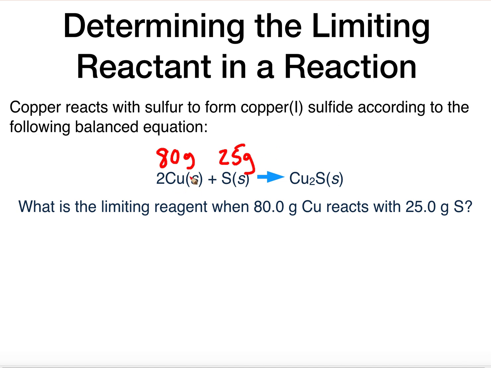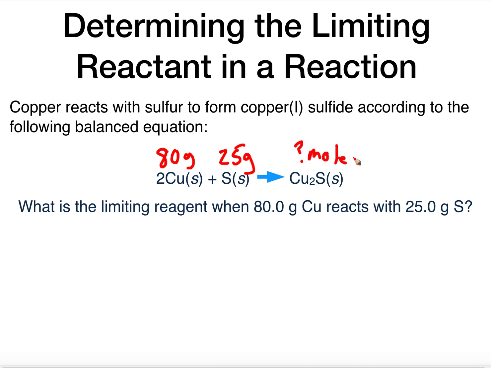So what we need to do is two separate stoichiometry problems. Since it doesn't tell us that it wants us to go to mass, how many grams of Cu2S, we're just going to go to moles to make it easier on ourselves for right now.